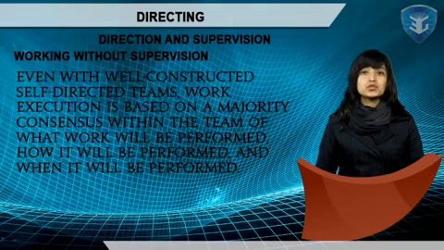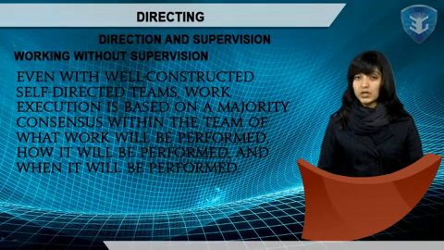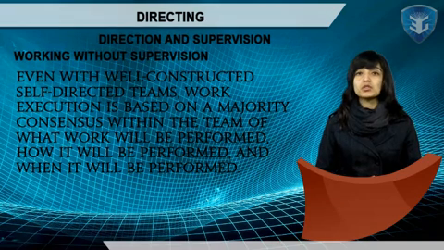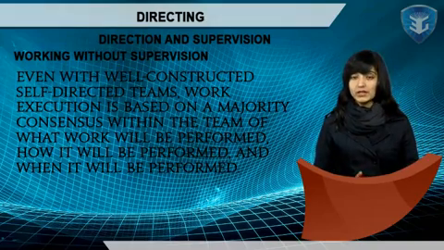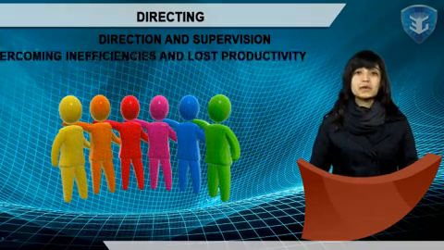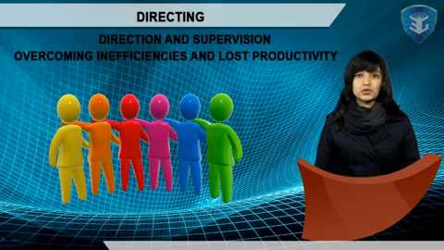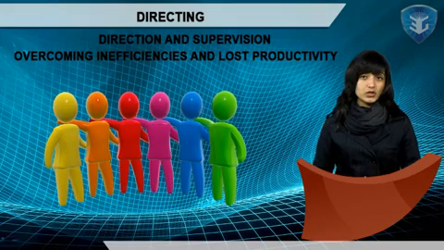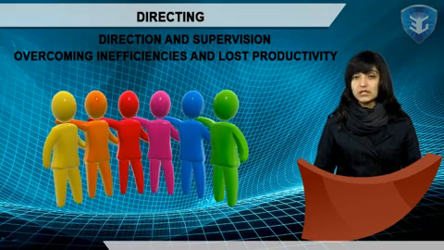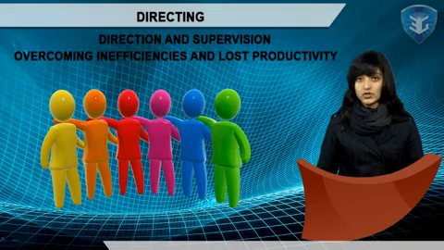Even with well-constructed self-directed teams, work execution is based on a majority consensus within the team of what work will be performed, how it will be performed, and when it will be performed, overcoming inefficiencies and lost productivity. Organizations that are looking into restructure in order to cut overhead costs need to first prepare the organization for change.